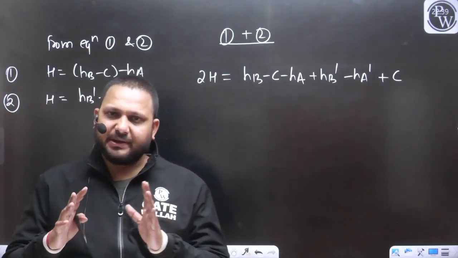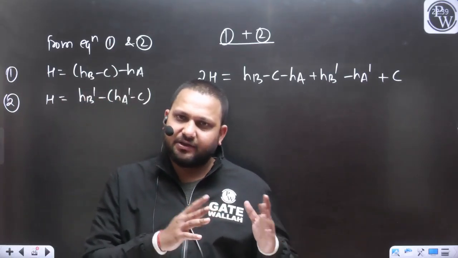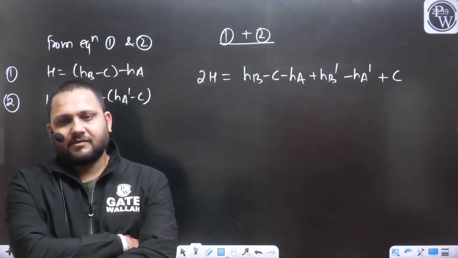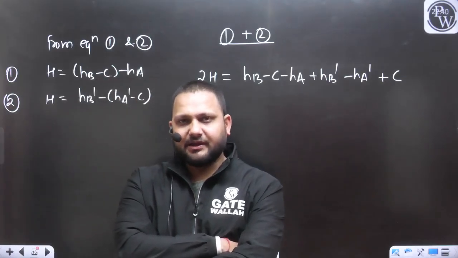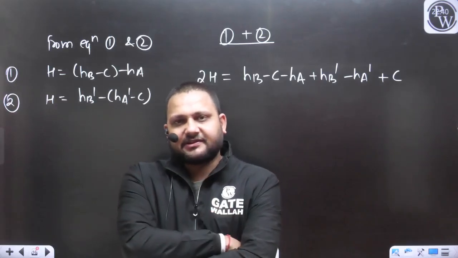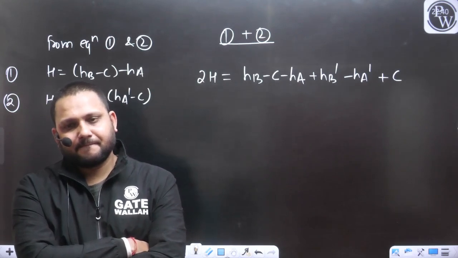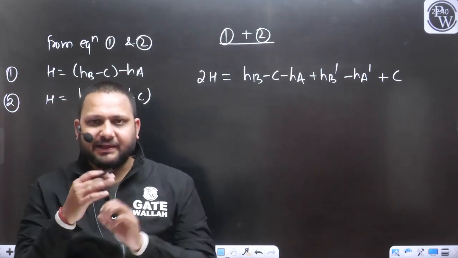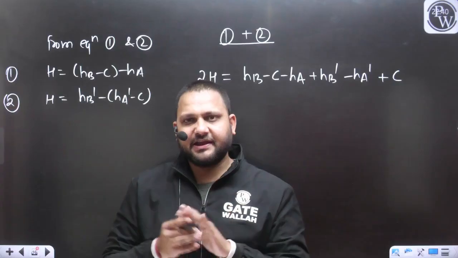Meaning, whenever you place the instrument near A and when you place the instrument near B, you will get the same reading? When you place the instrument near A, you get the readings, let's say HA and HB.